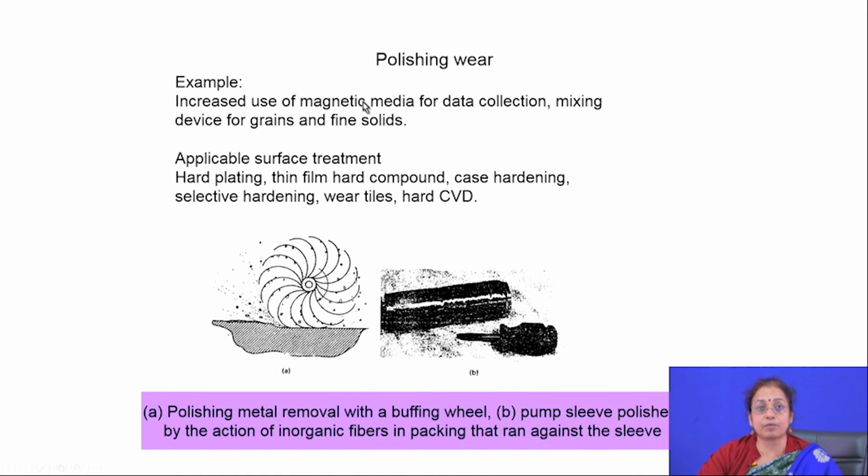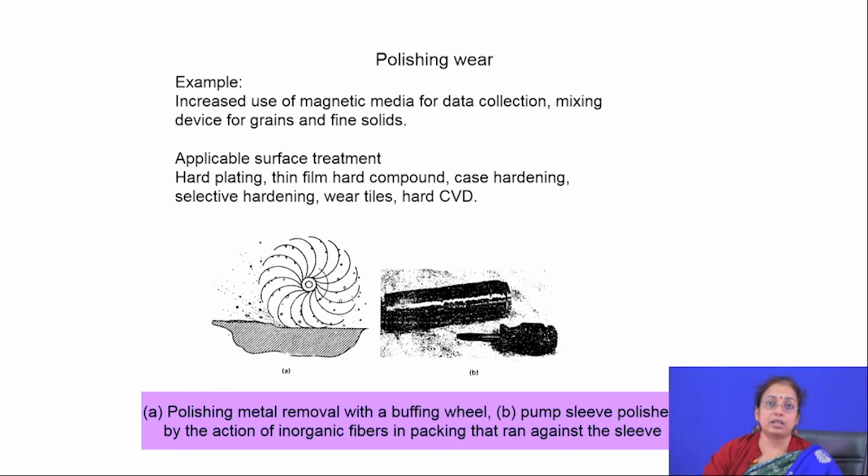Examples include increased use of magnetic media for data collection, and mixing devices for grains and fine solids. In those cases, if you see the surface after a prolonged duration of operation, you will find very fine scratch marks, but the surface looks very bright, its appearance improves.